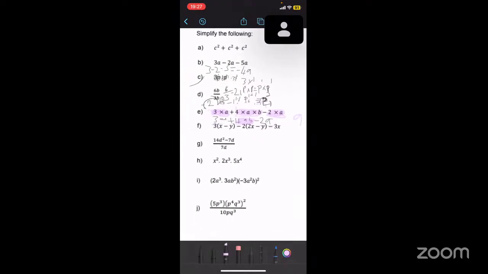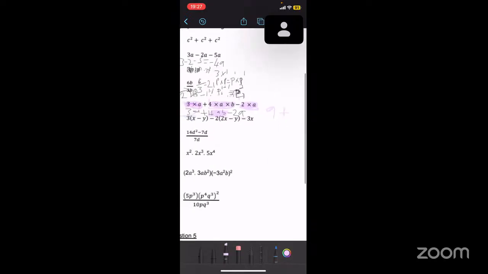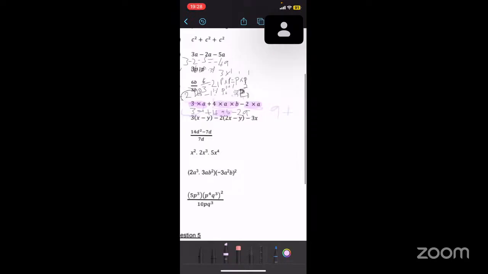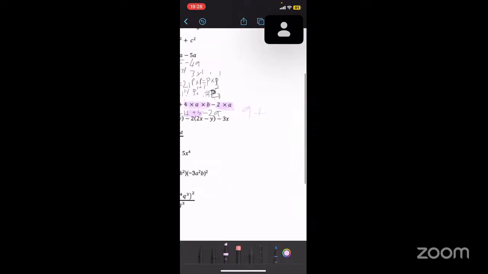We're just going to say A plus, because the 3 is positive and the 2 is negative. So that means we're going to have a positive A plus 4AB. This is going to be our final answer, or you can present it as 4AB plus A. However you put it is okay, as long as you have a positive 4AB and a positive A.